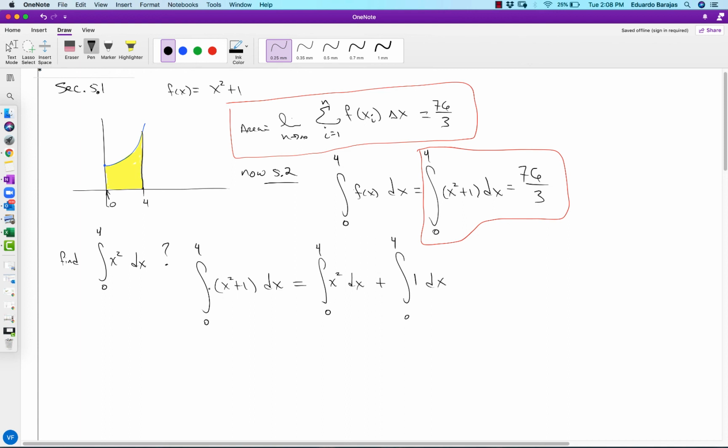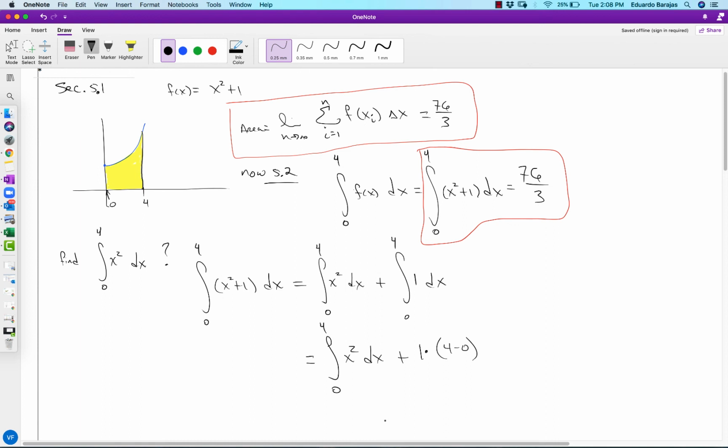One of our properties said that if we have the integral of a sum of two functions, we can separate it into two separate integrals. And this is the integral of a constant, so one of our properties says it must be equal to 1 times 4 minus 0, which is just 4.